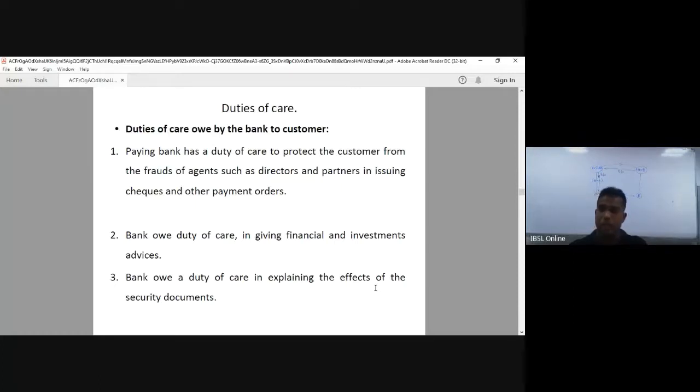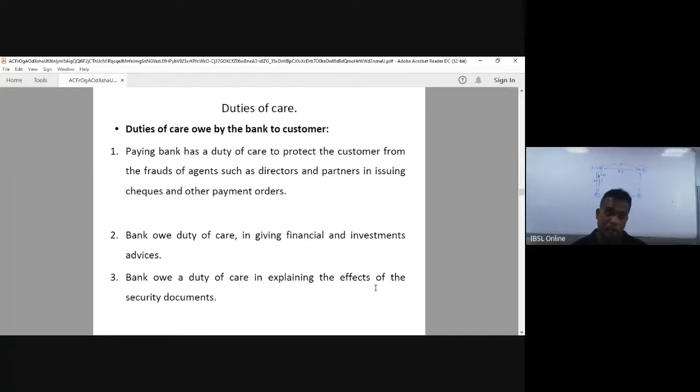Bank officers give advice. It could be financial advice, it could be investment advice, or any other banking service advice. So when you are giving advice to your customer, remember, you give that advice as a banker.